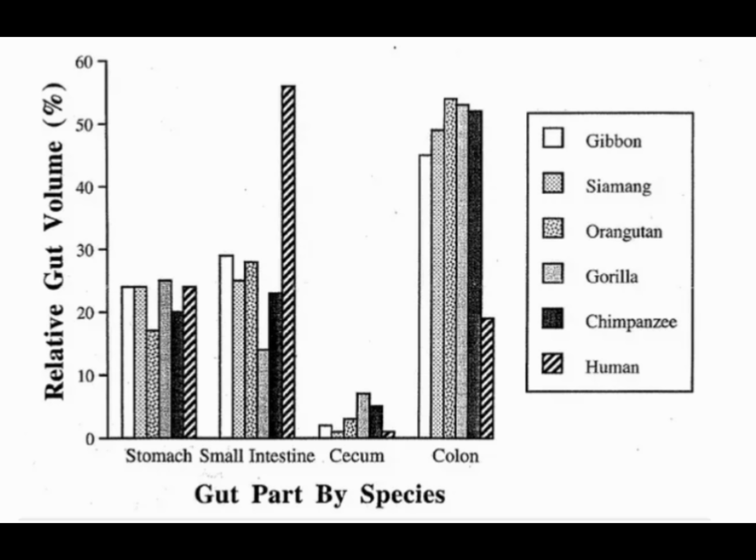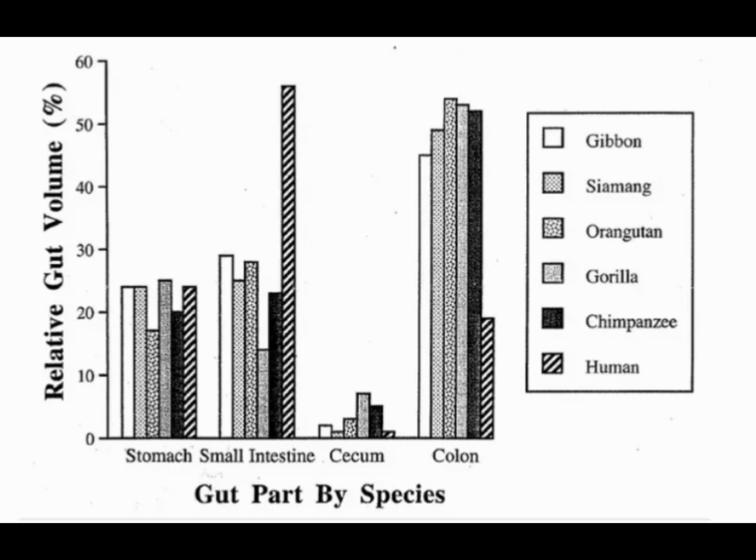The cecum is a chamber with bacteria used to ferment cellulose and plant matter to extract nutrients from it. And that's also why the colon is so much larger in these great apes, is because once it's fermented in the cecum, it goes into the colon and it's further broken down by bacteria, and there are a lot more nutrients that are absorbed in the colon of, say, the great ape species than the human.